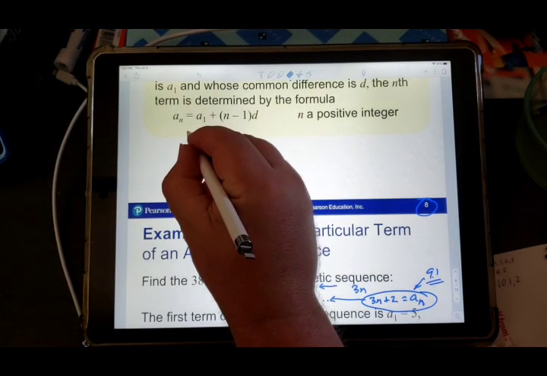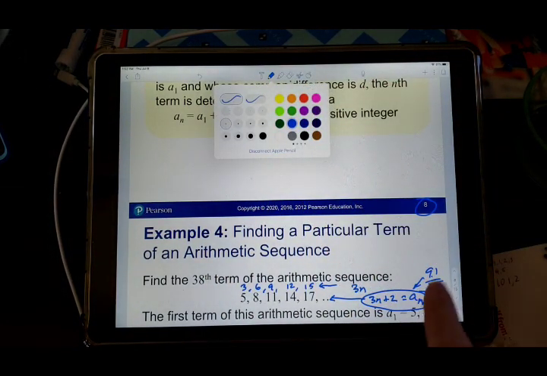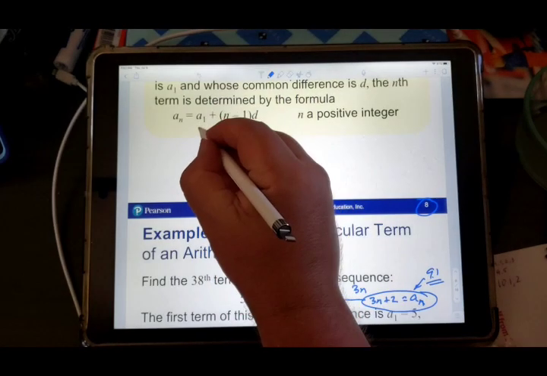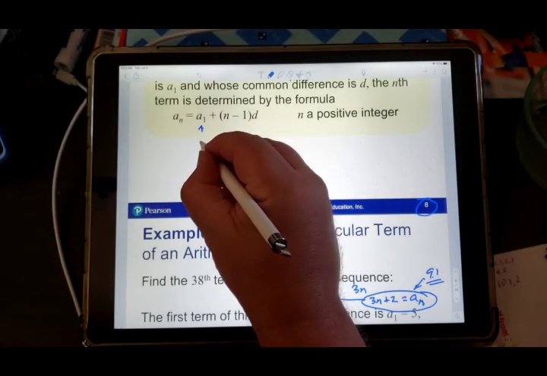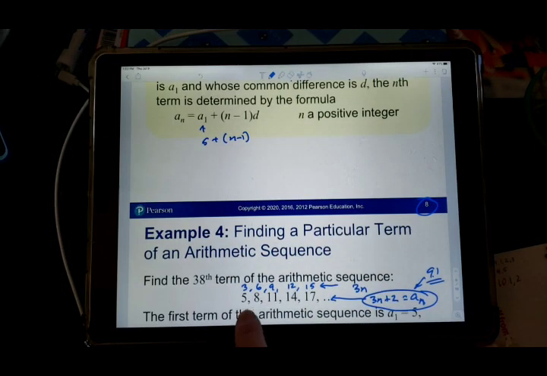All right, so what was the first term? By the way, I'm kind of giving it away. I know what answer I'm going to get if I simplify it. I'm going to get A sub n equals 3n plus 2. But the first term, that's visible, it's 5. What's D?